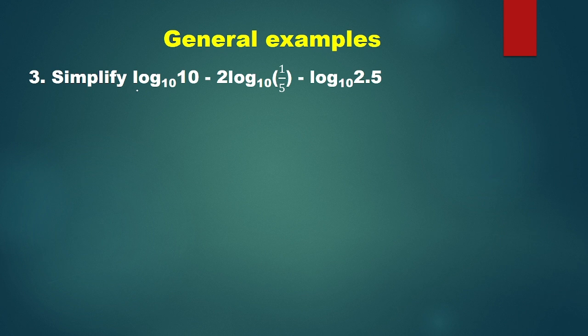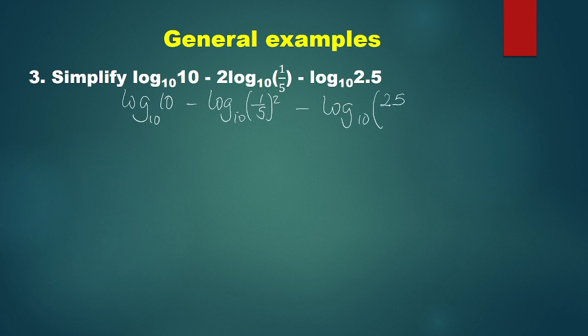I can rewrite this as log 10 base 10 minus log 1 over 5 squared base 10 minus log, I can rewrite 2.5 as 25 over 10. So I changed it from a decimal back into a fraction to help me solve easily.